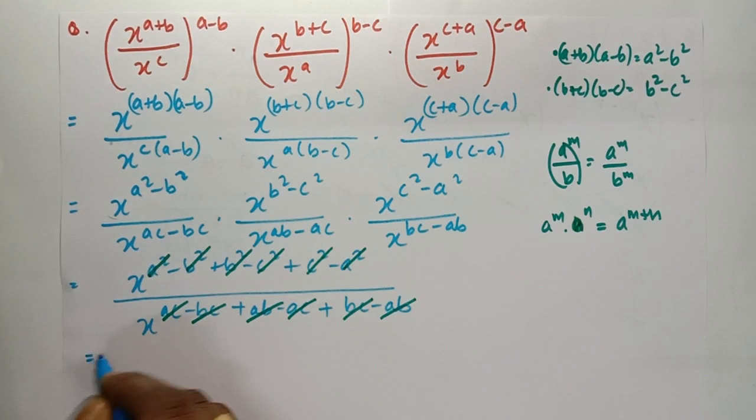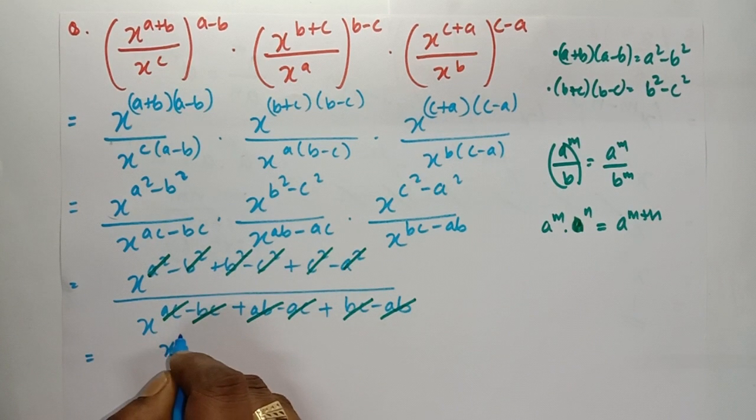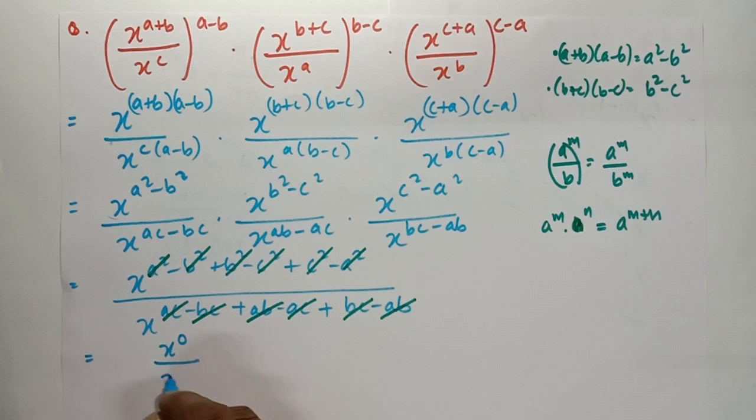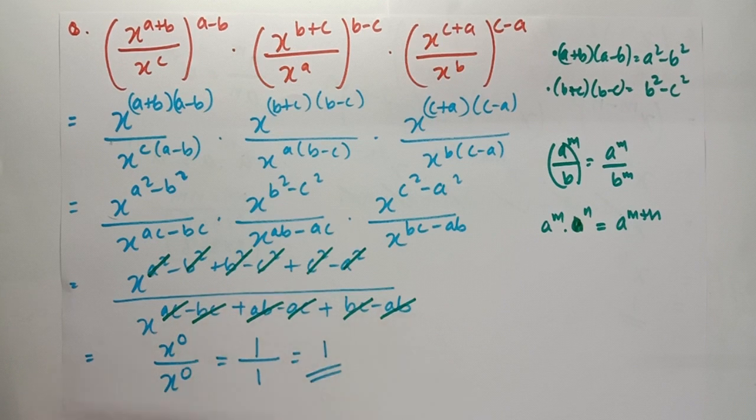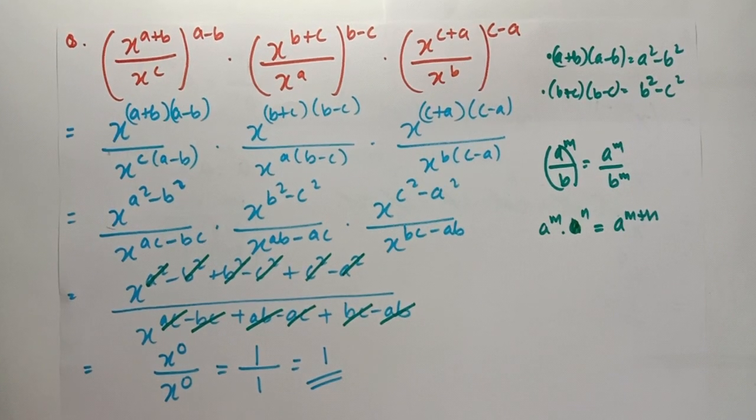So what I got, everything cancels, means x to the power 0, down also x to the power 0. You know anything to the power 0 is 1. So 1 upon 1, what I will get, 1. So this is my final answer.